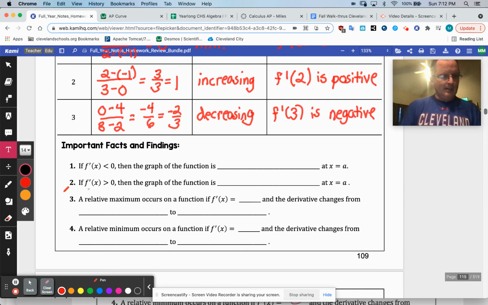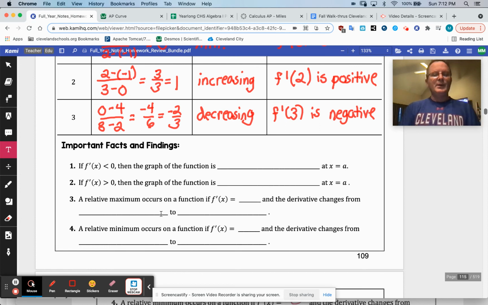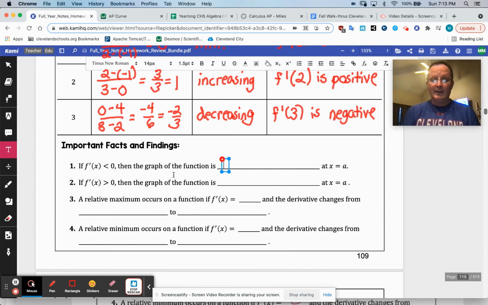This time, let's type. If f prime of x is less than 0, then the graph of the original function, not that equation, is decreasing at x equals a.